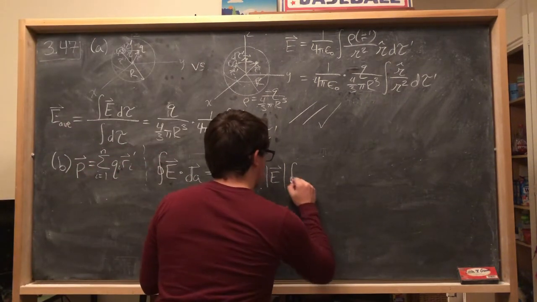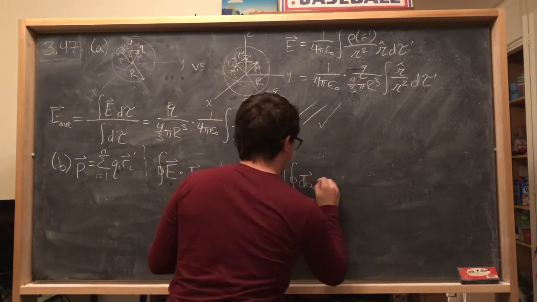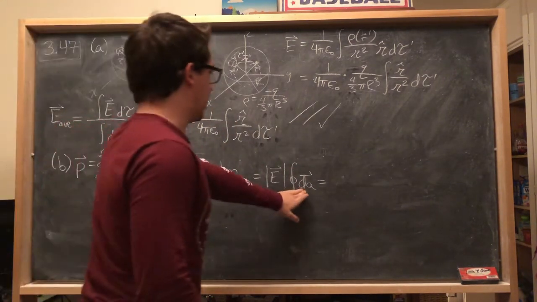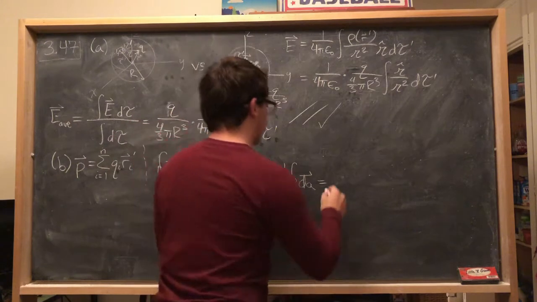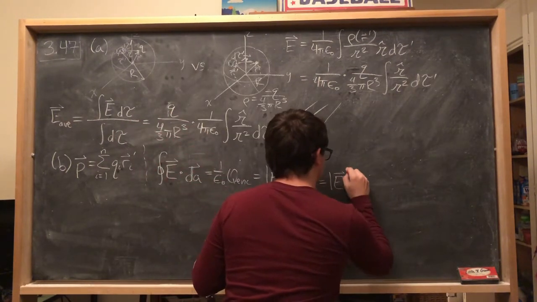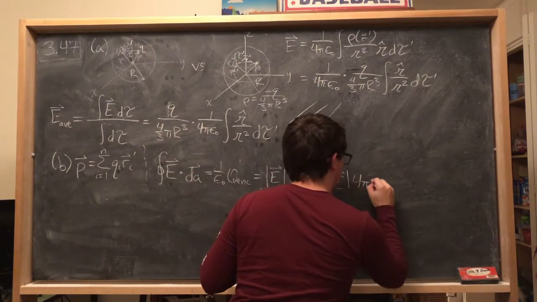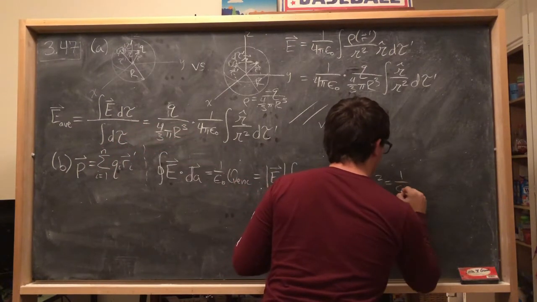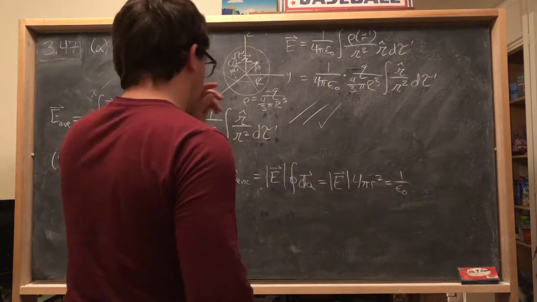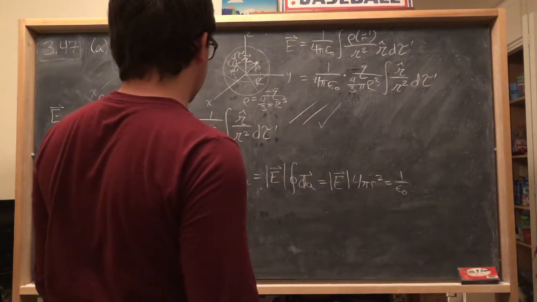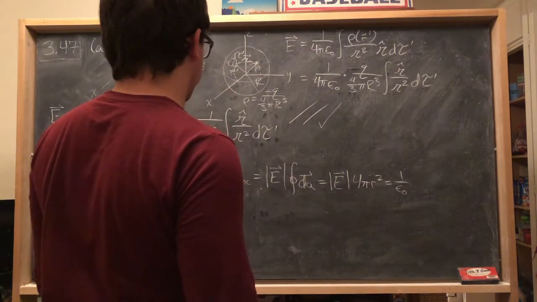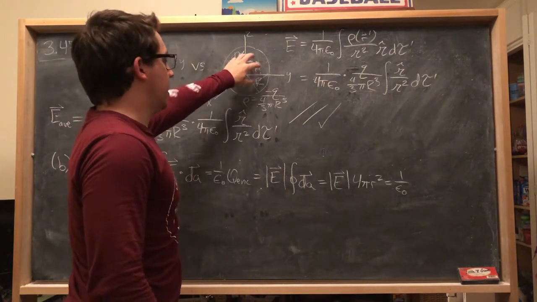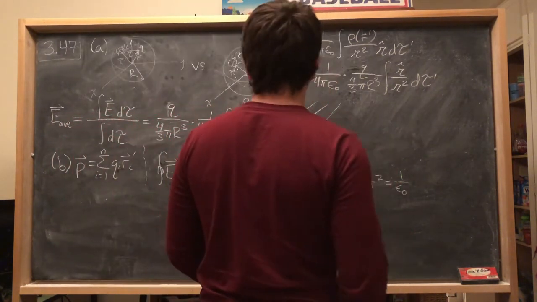So then that's equal to this. But of course, this is just the area of the Gaussian surface we picked, which is 4 pi r squared. And that's going to be equal to 1 over epsilon naught q enclosed. And so our q enclosed would be our charge density times the volume of this Gaussian surface.